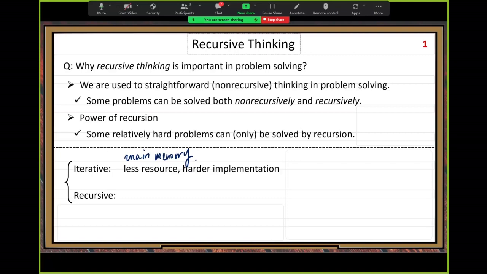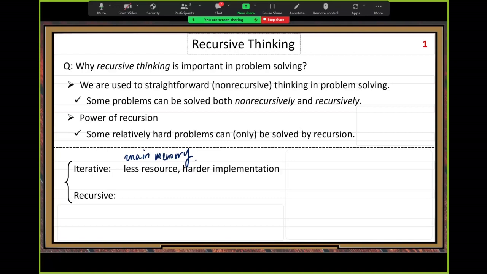So we want to save as much main memory resource as possible. Memory resource is an important consideration in our algorithm design. So an iterative implementation of an algorithm can save a lot of main memory resource.